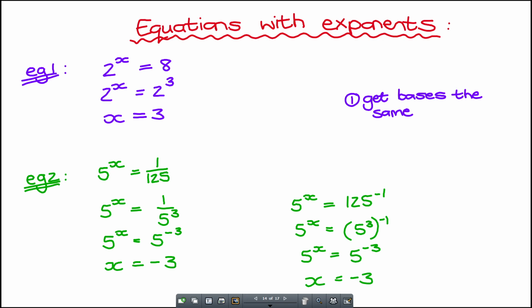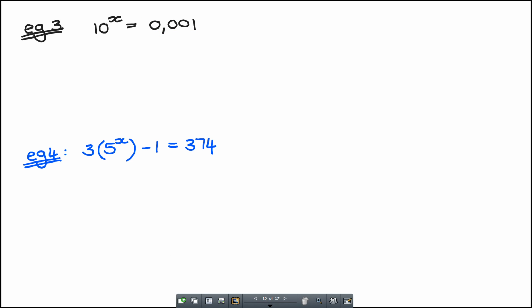Any questions? Can I skip to the next page? Yes, ma'am. Okay, let's look at example 3. 10 to the power of x is equal to 0,001. Whenever we get a decimal, what do we have to do? Put it in fraction form.